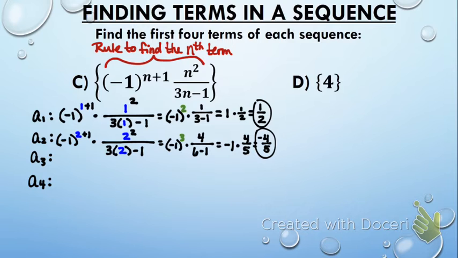Will the third term be positive or negative? Third term's going to be positive. Fourth term will be negative. What is the third term here? 9 over 8.